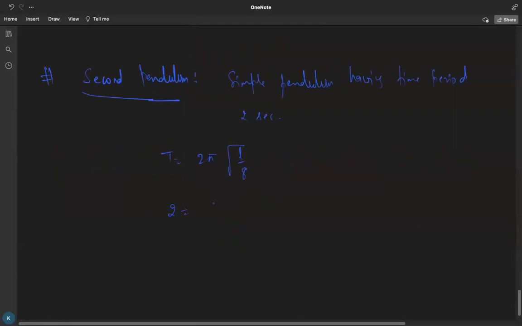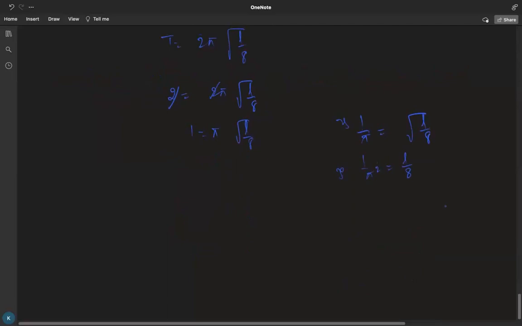So 2 is equal to 2 pi root under L by G. The 2 gets cancelled: 1 is equal to pi root under L by G. So 1 by pi is equal to root under L by G. Squaring both sides, 1 by pi square is equal to L by G. And pi square is approximately equal to G.